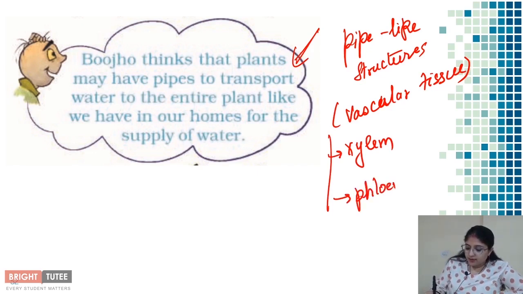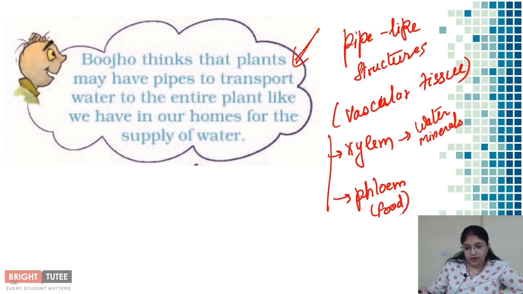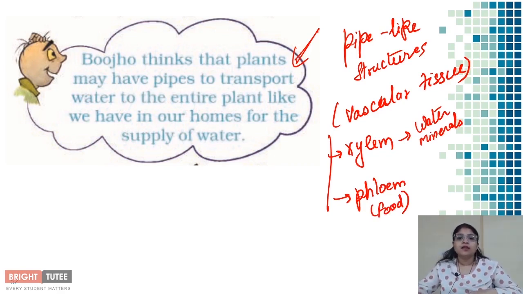In xylem the transport of water and minerals takes place, whereas through the phloem the food material is transported. When we talk about the transport of water and minerals between the root and leaves, the xylem vessels are the ones causing the movement of water and minerals.